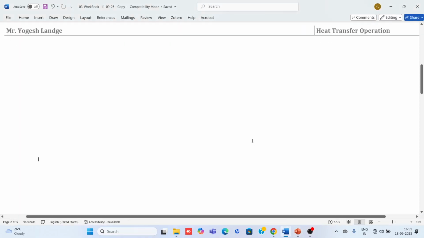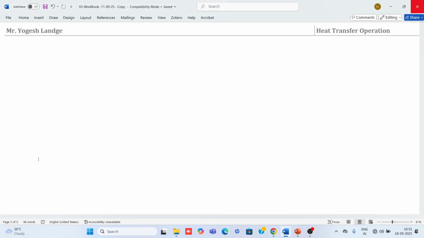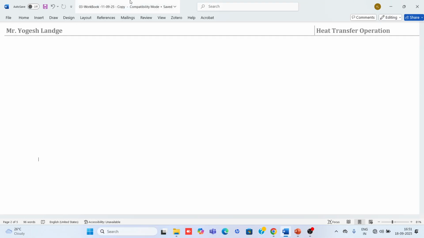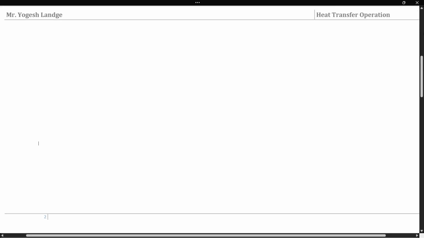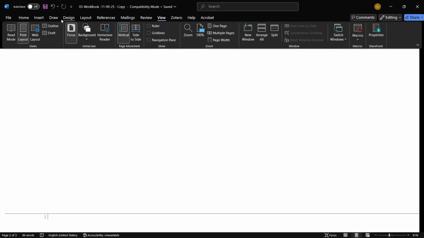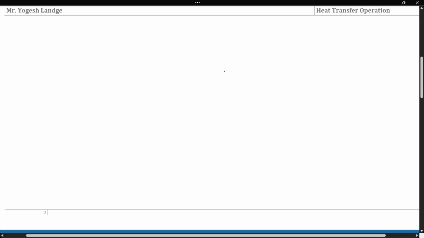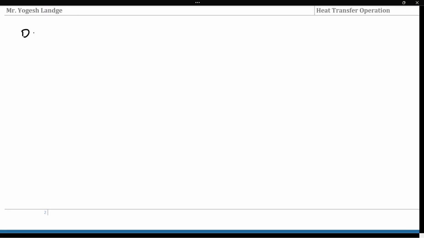And here we have this approach. Let's write the data. Already I showed you the data. Now we will try to solve this numerical. As per the data mentioned, we already wrote down the data, and there is a small conversion, as I said, millimeter into meter.